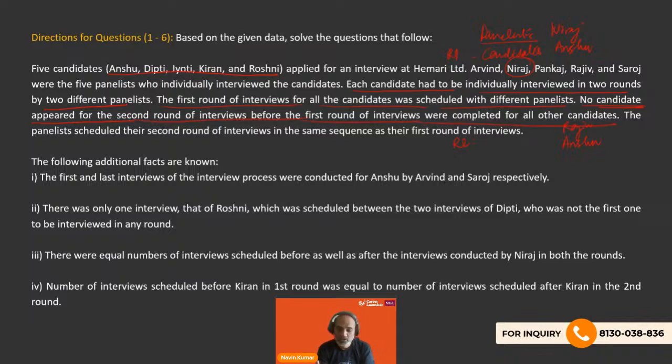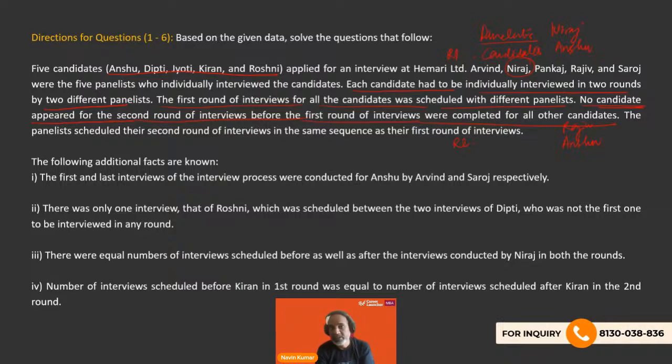If Jyoti is about to be interviewed in the second round, it means all the 5 should have been already interviewed, right? The panelists scheduled their second round of interviews in the same sequence as their first round of interviews, which means the sequence of the panelists did not change. It was fixed. It's only the sequence of the people who are giving the interviews that changed.